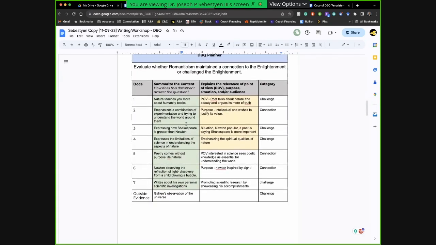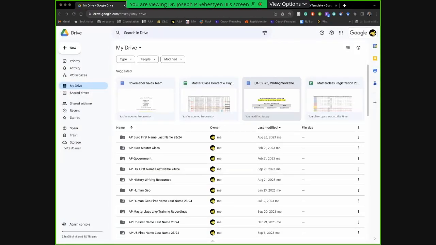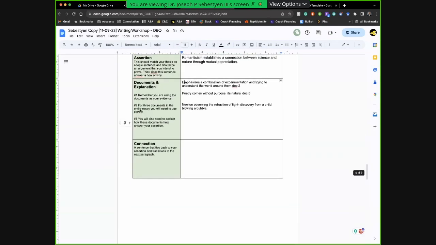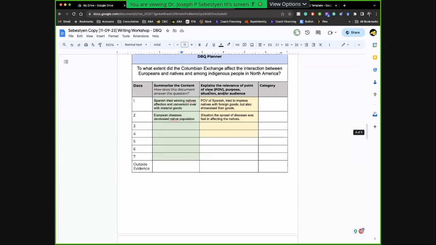What is document 2? I'm going to go back to the documents real quick here. Document 2, a scientist and philosopher, emphasizes a combination around them. So what did document 2 showcase?